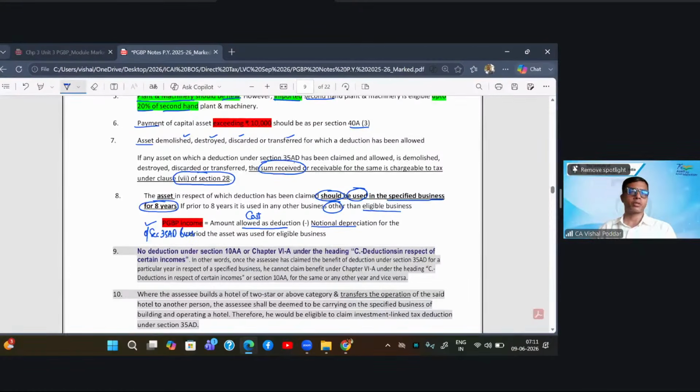So the amount, that is, you can say the notional WDV of the asset on the date on which you start using this asset for other businesses. So the moment you transfer this asset from your 35AD business to any other business which is not under 35AD, in that year, the difference between cost and notional depreciation, or in other words, the notional WDV, will be treated as your 35AD business income. Correct?